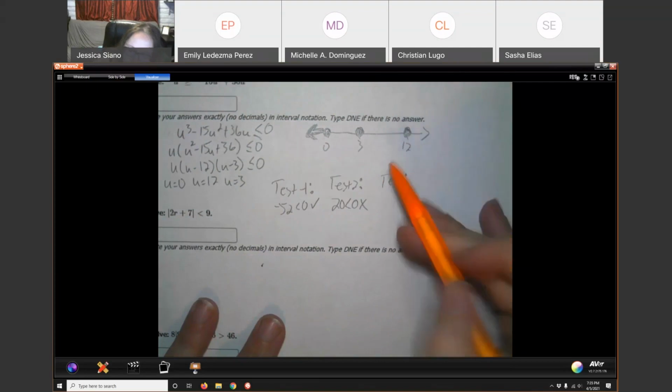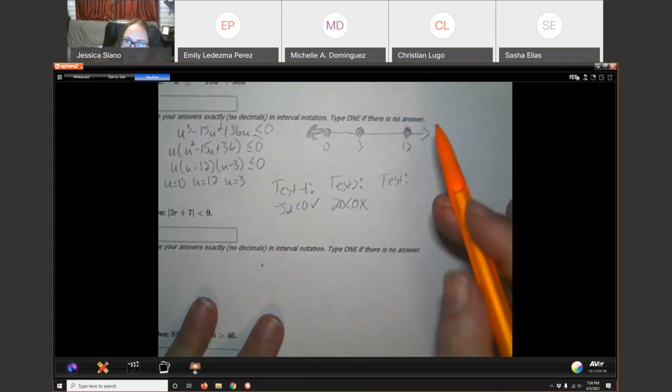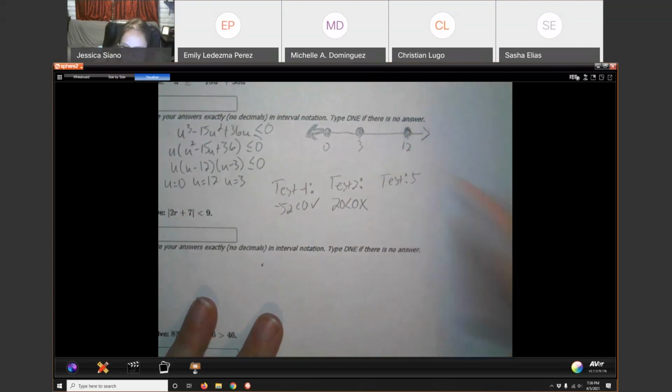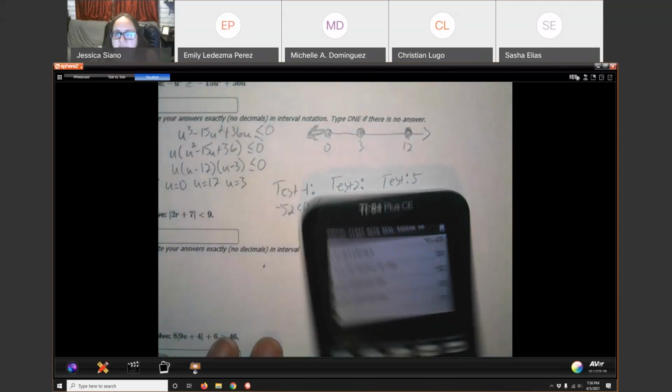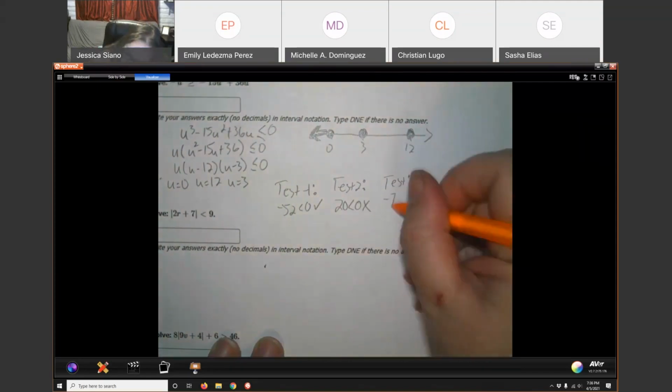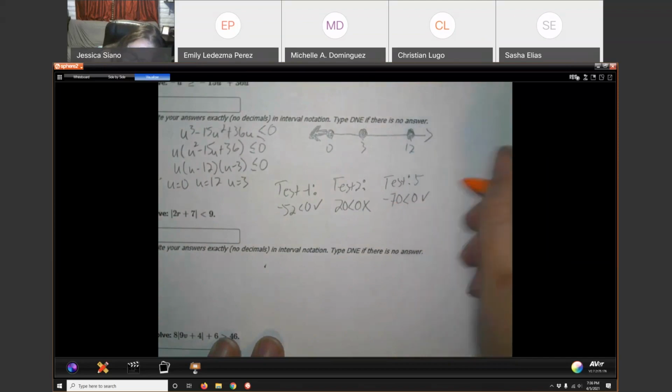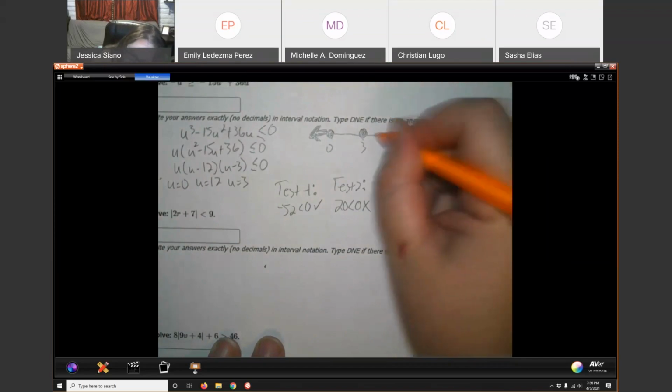Okay, how about a number in between 3 and 12? So let's do 5. And again, you could pick any number in between 3 and 12. It doesn't matter which number you picked. Negative again. So let's shade in that section.